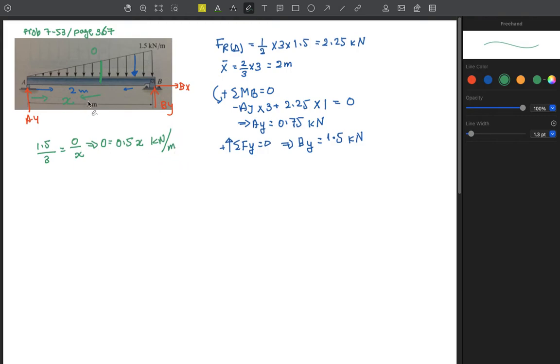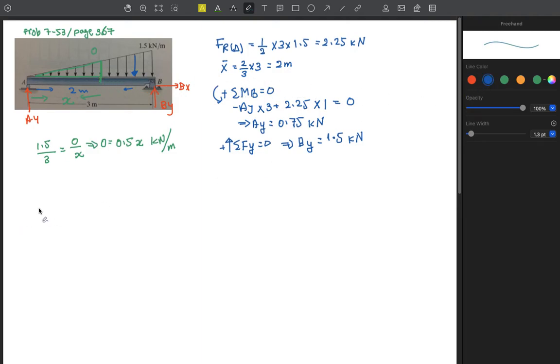Now we work with our part of this beam. But remember, we have to convert this distributed loading into a single concentrated load because we need to find our equations of moment and shear. Let's draw another one.